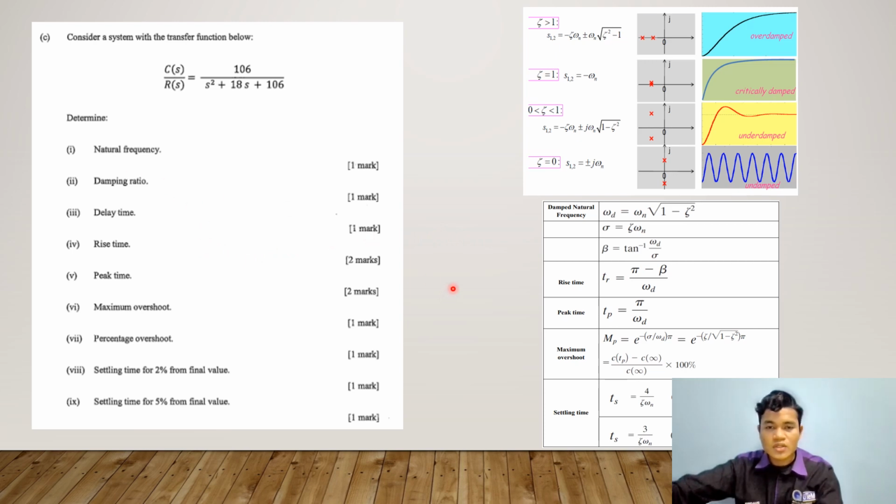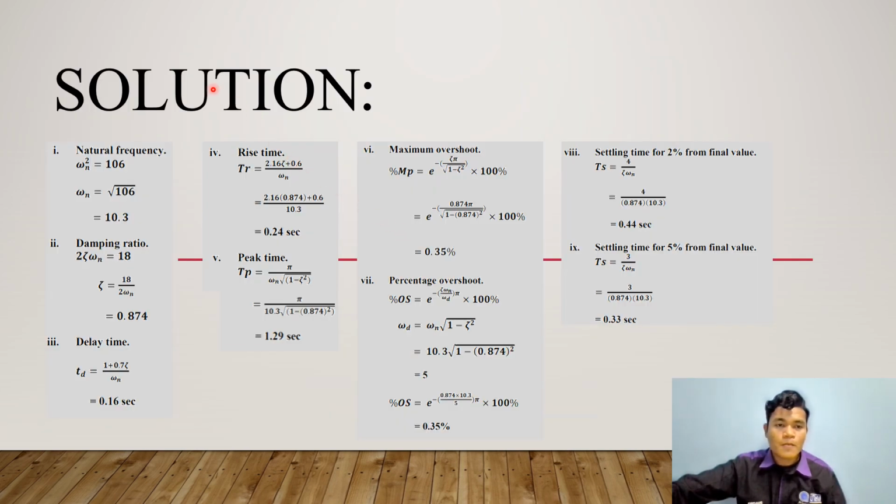Okay, we go straight to the solution. Natural frequency omega n squared equals 106. And then omega n equals square root of 106. We convert from left to right, square root, then it becomes 10.3.